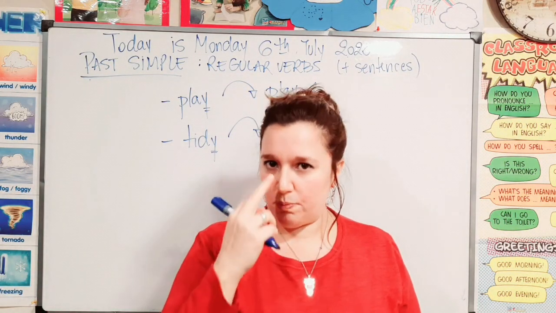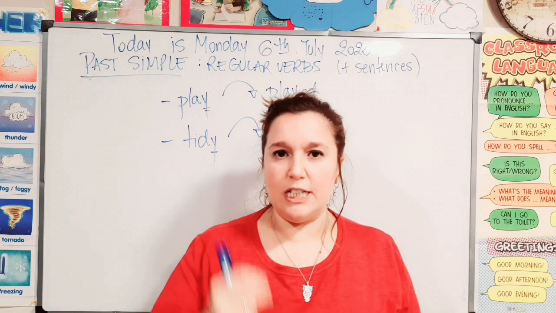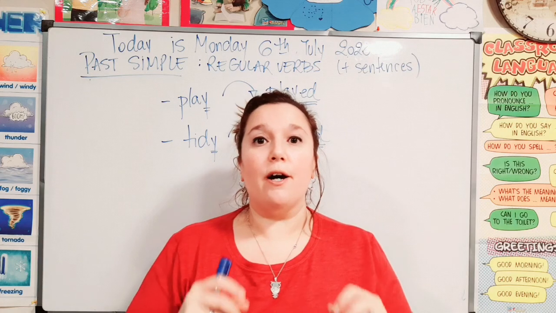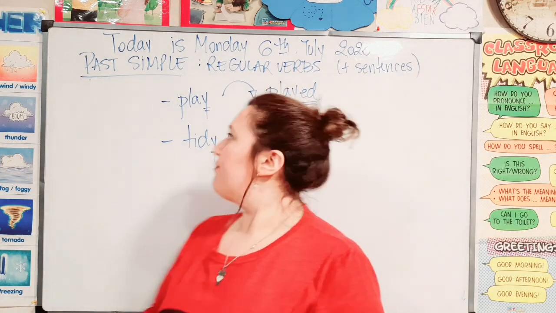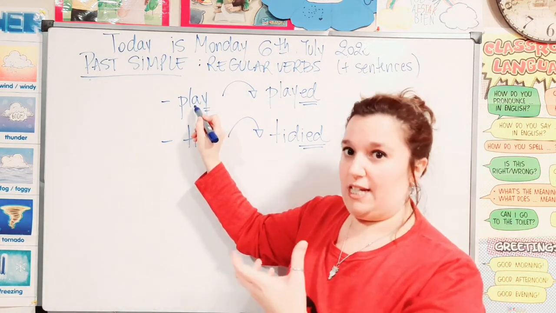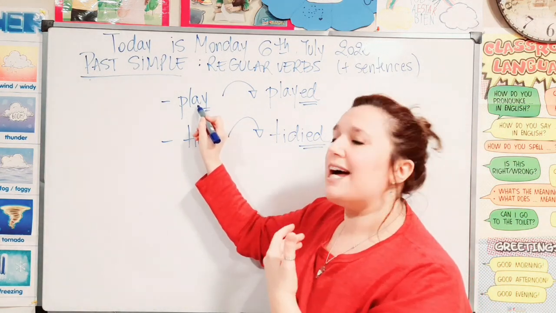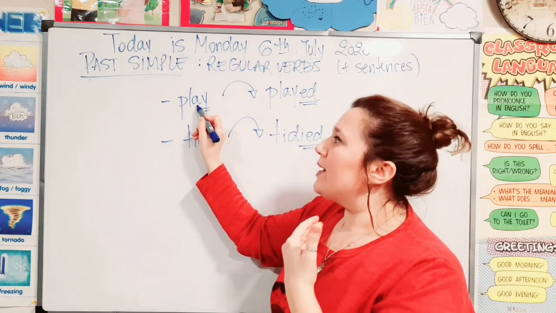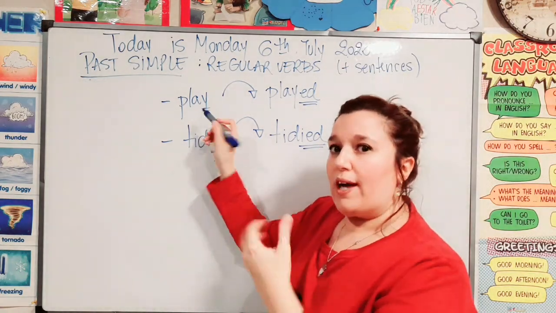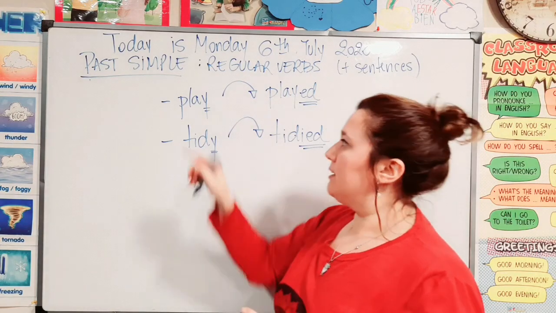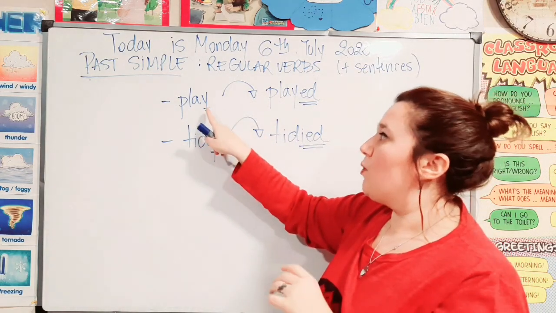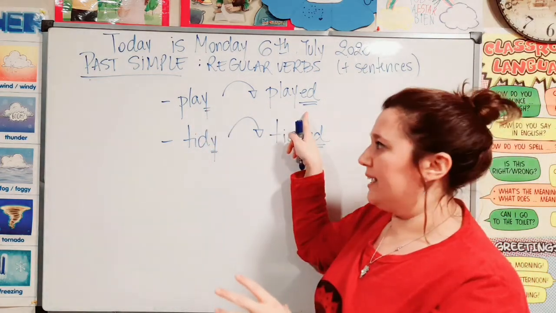Yes, but we have to pay attention to the previous letter. For example, this is a Y, but before the Y we have a vowel. When we have a vowel here, the letter Y stays there, and we add ed.